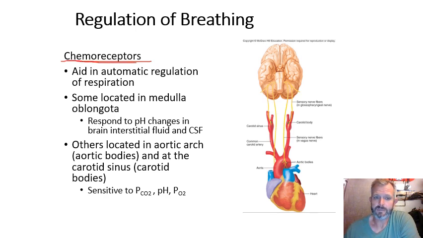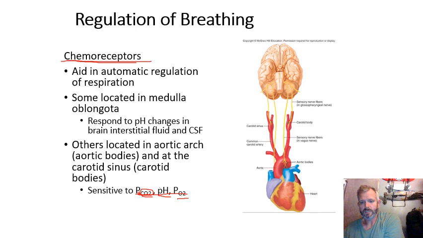They pick up changes either in O2, CO2, or pH. We're going to see that CO2 levels can regulate pH. We're going to see that in a bit, but CO2 levels go along with pH levels, and then also O2 levels.